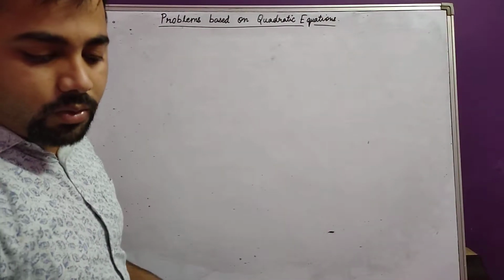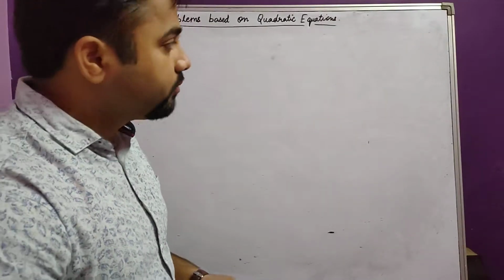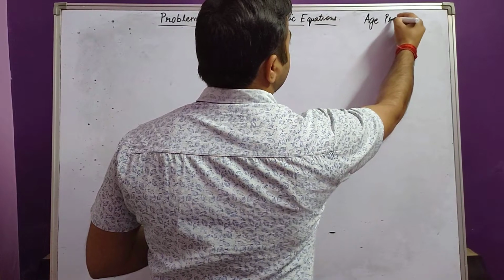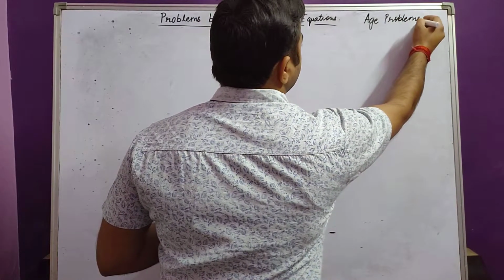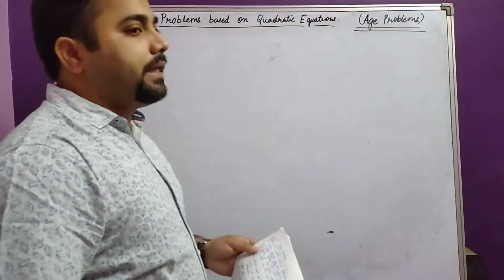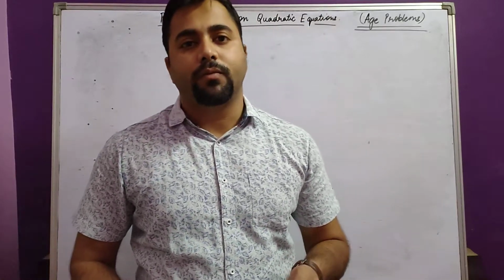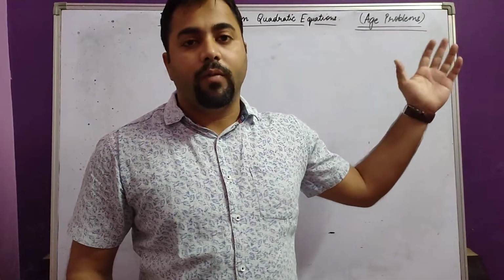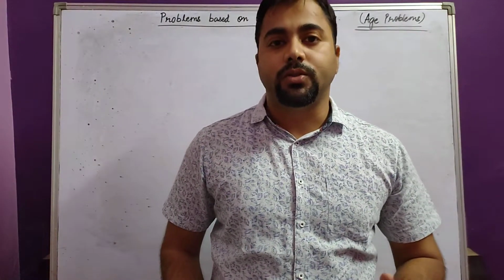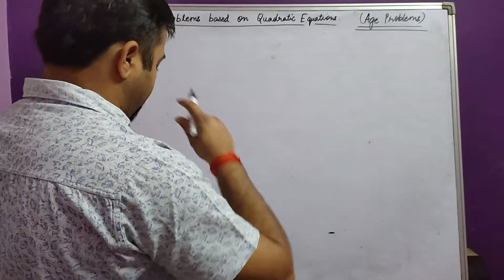Now we are going to start with the questions dealing with ages problems. Basically, in problems of quadratic equations, there are 4 to 5 sets of questions. First one we have already done, the number questions. There will also be mensuration questions and speed and distance questions. Let us see how we are going to do it.